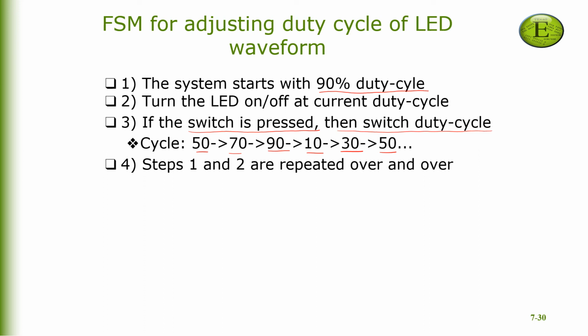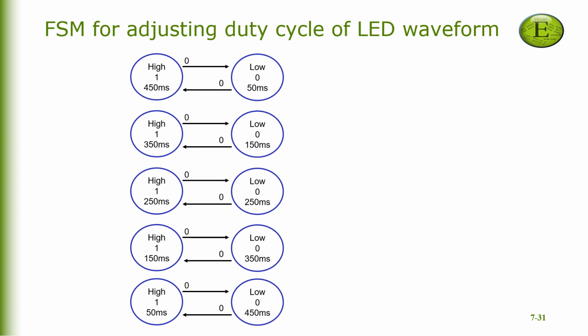So as far as the implementation is concerned, we have to first think about the appropriate finite state machine for this problem. So the first question is, what are the appropriate states that we can define for the system? Well, the state can be LED on or LED off.